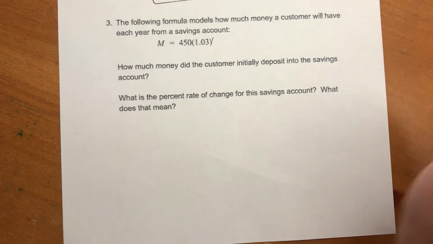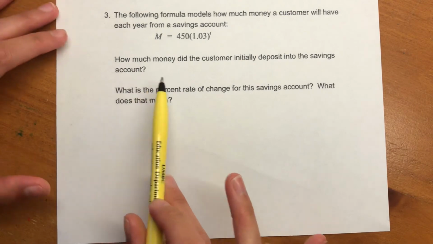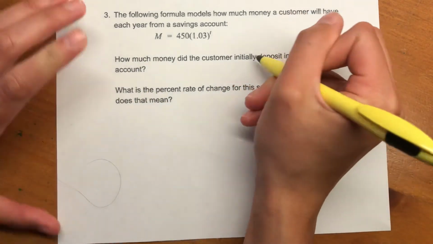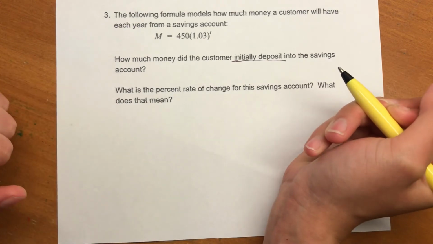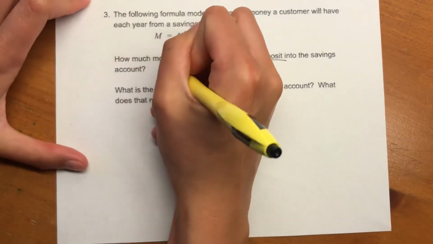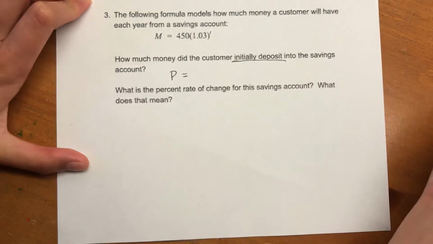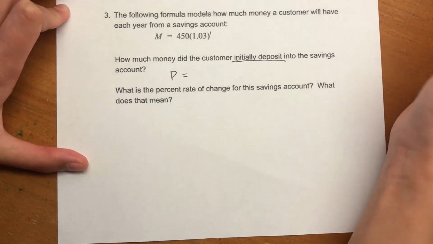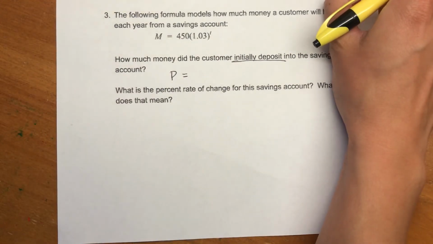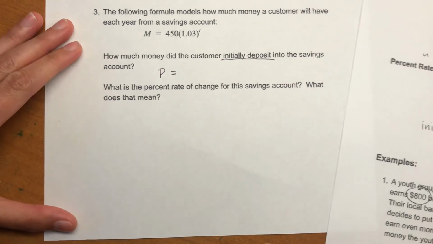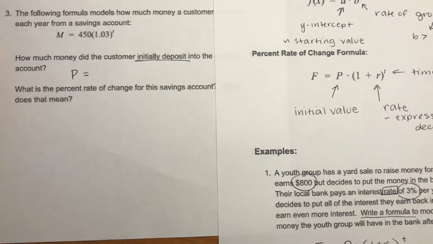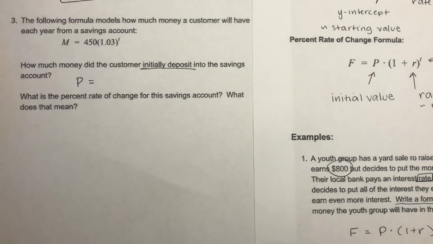All right, so we're saying in the first question, how much money did the customer initially deposit? If we're talking about initial values, I'm thinking p-value, right? So what's p in this scenario? Well, if I compare to my formula, what's in the p spot?